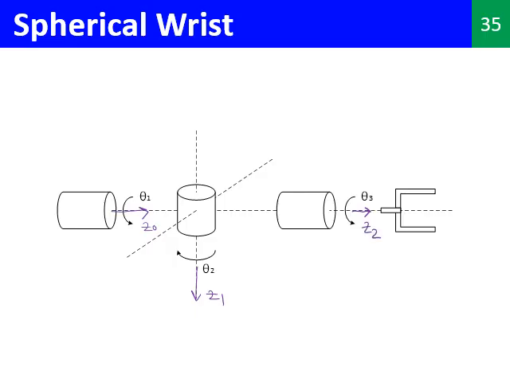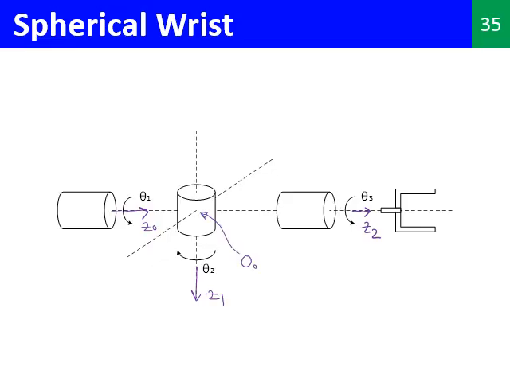Okay, so next I am going to choose O0. Now by looking at this arrangement, O0 can be anywhere on the z0 axis, and a good choice would be this point, right?